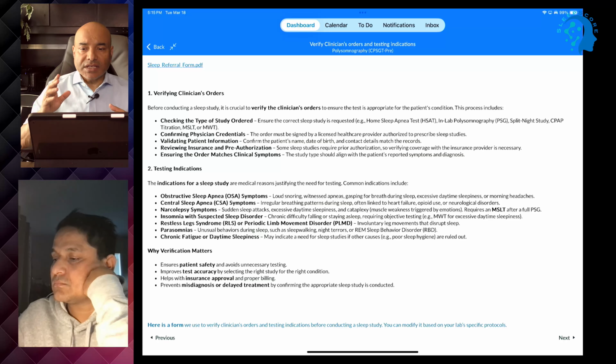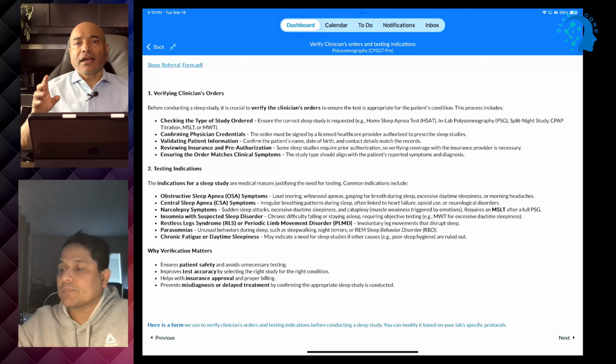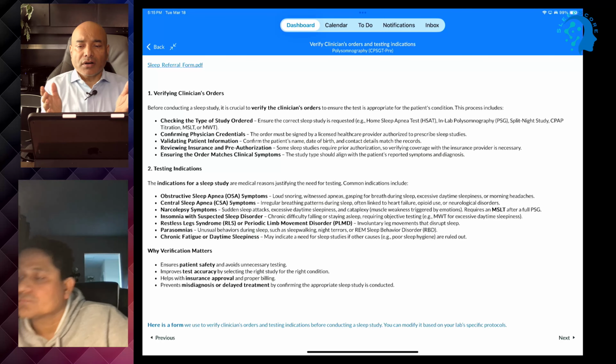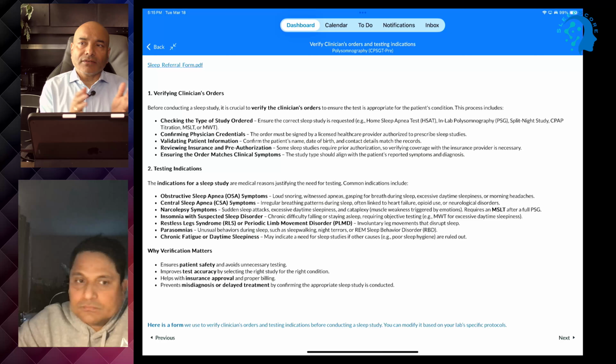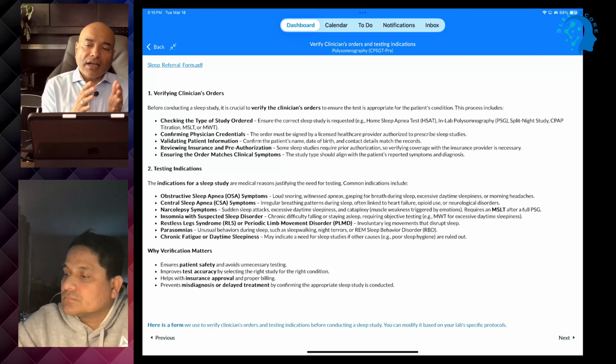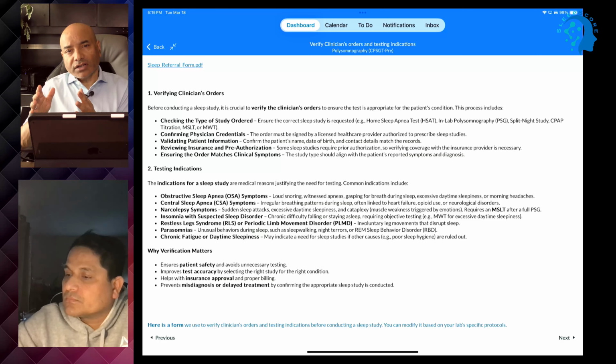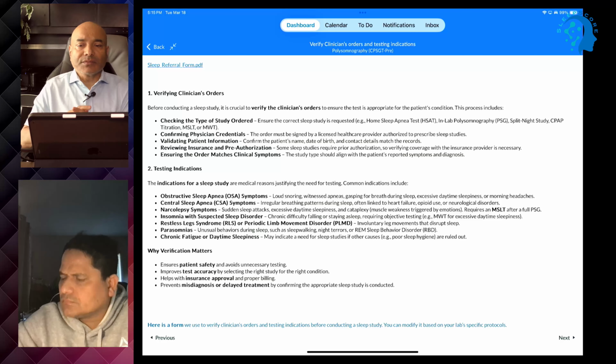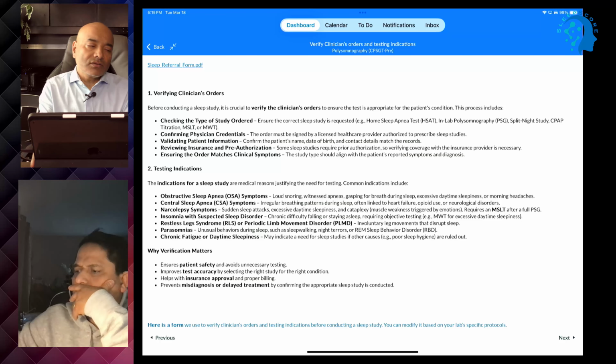The next one is split night. Split means 2 parts, half and half, standard as well as titration, so we do both of those together sometimes. And the next is titration.